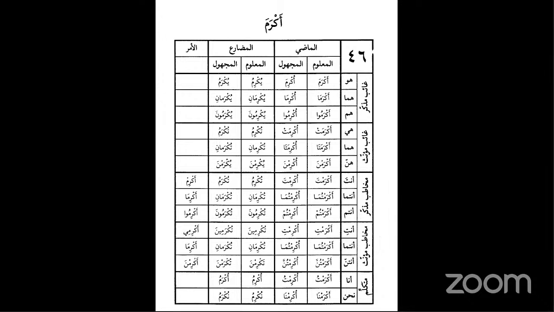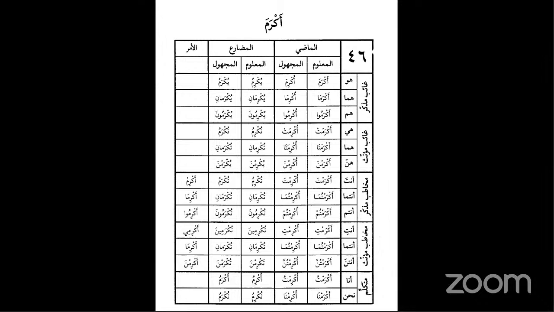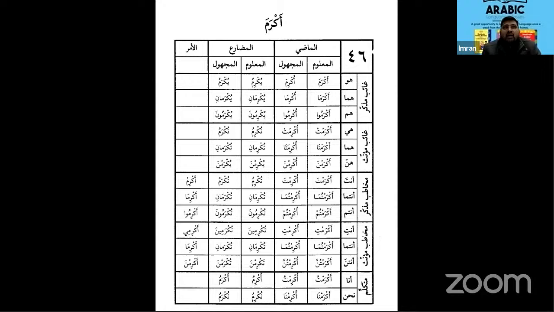If I say to you, Daraba Muhammadun, Muhammad hit, and remain quiet, is this sentence ambiguous in meaning? I would have thought so, because we don't know what he's hit. Exactly. The way to know a transitive and an intransitive verb is really easy.